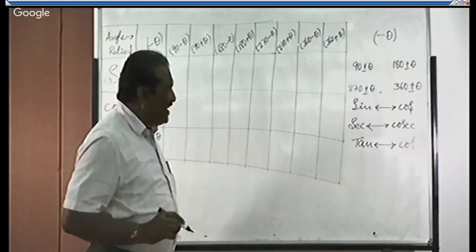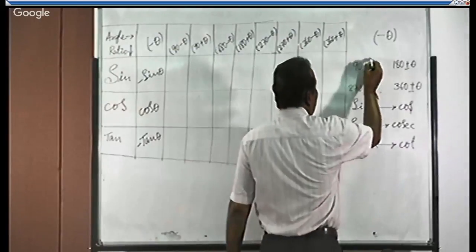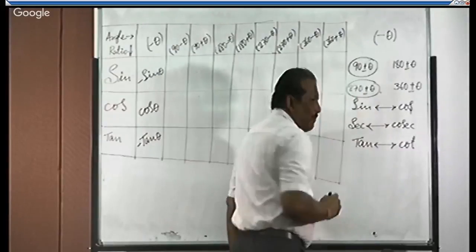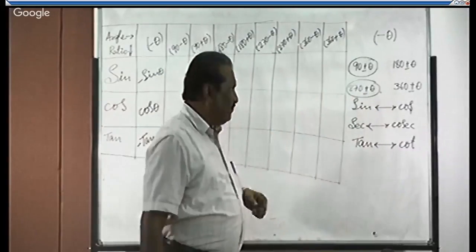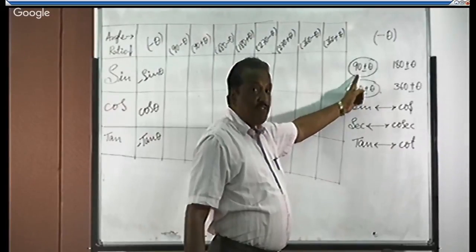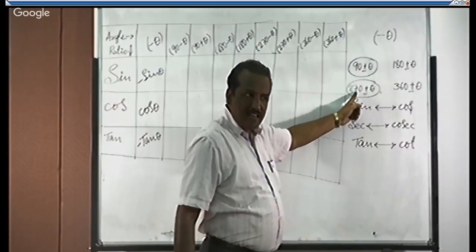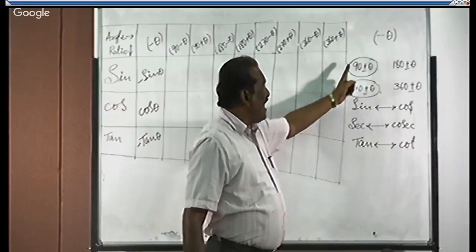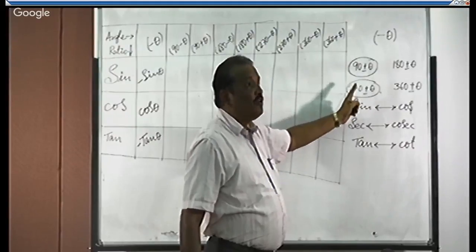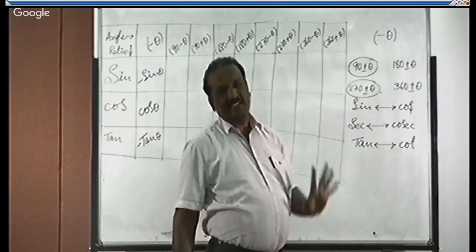Now, whenever you are going to connect angles of the type 90 plus or minus theta and 270 plus or minus theta, I repeat, whenever you connect these angles, you have to write down the co-function on the right hand side.